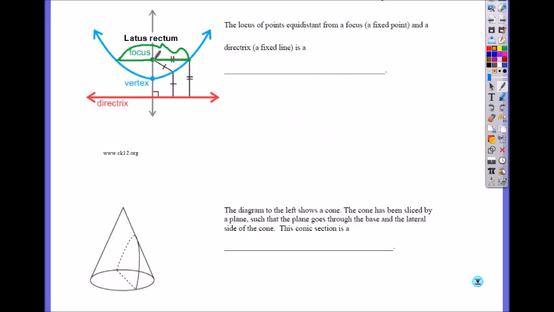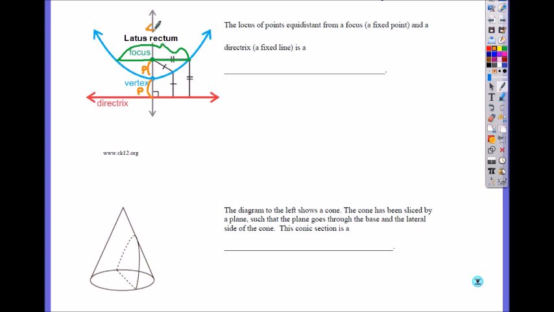Here's the focus. Here's the line, the directrix. Every point on the parabola is equidistant. And the vertex, we call it the vertex. The distance from the focus to the vertex, we call it P, length P. And that is the same length as the distance from the vertex to the directrix, P. And how wide the parabola is, the line that goes through the focus, is called the latus rectum.